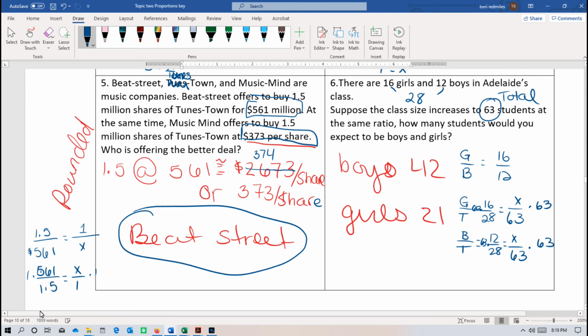So let's go ahead and solve girls first. 63 times 16. So for girls, I'm going to get 1008 over the 28. After I divide that number by 28, I'm going to get 36.